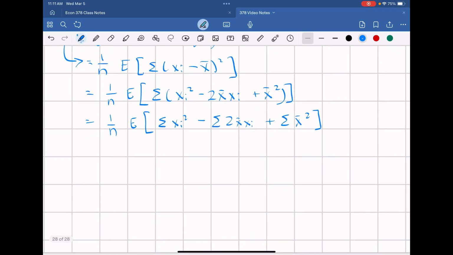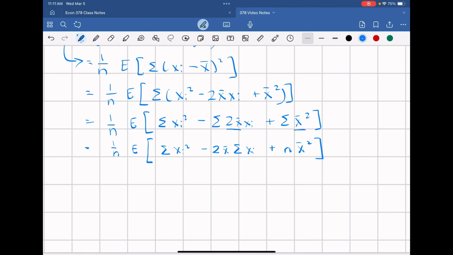Let's do one more change. The summation of xi squared minus, well, the 2 and the x bar are constants, so it's 2 x bar summation of xi plus this x bar squared is also a constant, so it's n x bar squared.